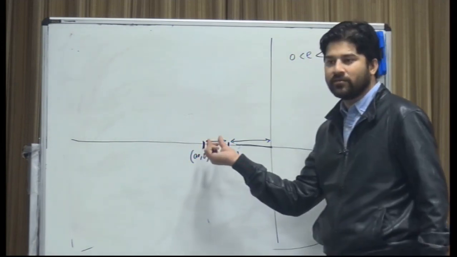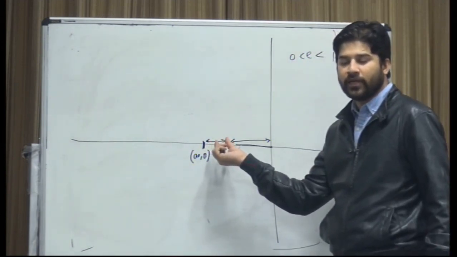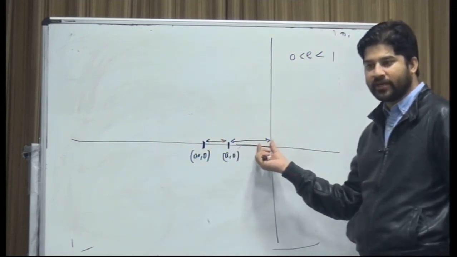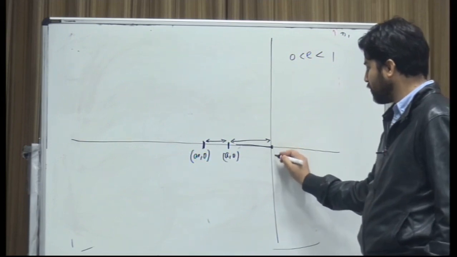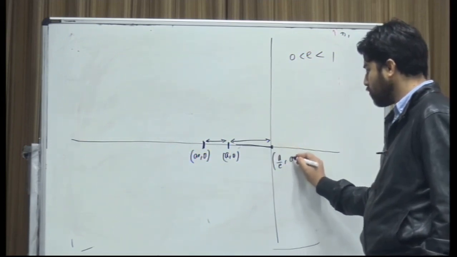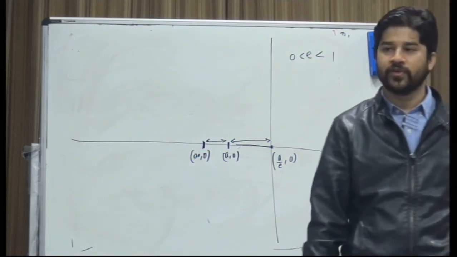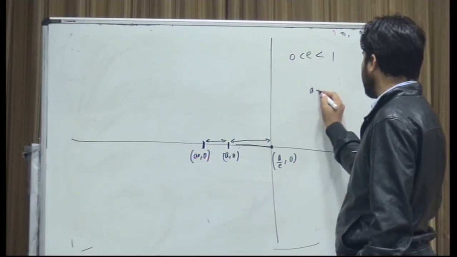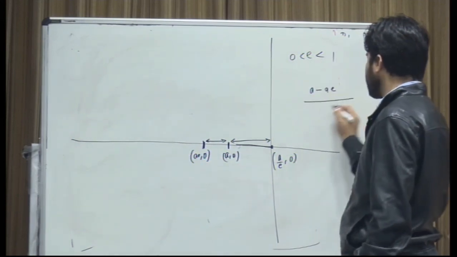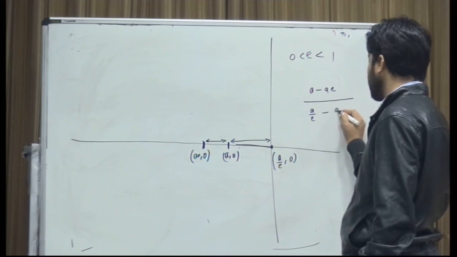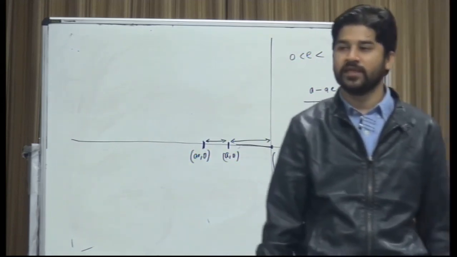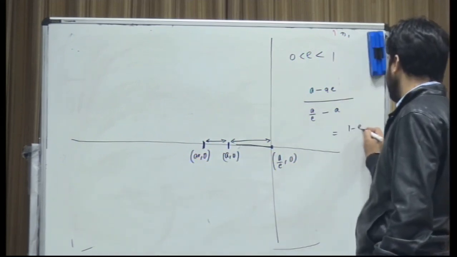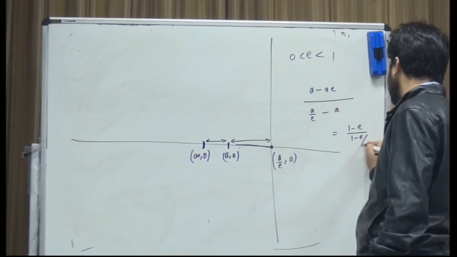This distance is a into 1 minus e. So इसको 1 is to e is to 1 के रेशियो में लाना होगा. So what should be this point? Right? See, आप इसका रेशियो आप ऐसे लिख सकते हो a minus ae, और ये क्या लिख सकते हो a by e minus a, which will turn out to be e. समझ में आ रहा है? देखो, you can take a common, so it will become 1 minus e upon 1 minus e by e.